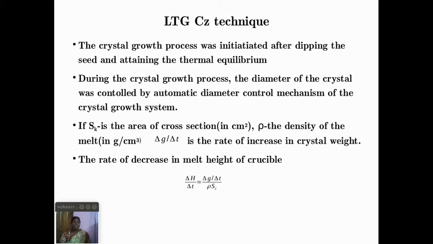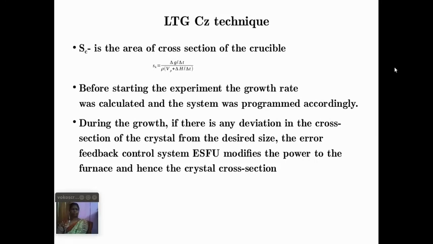Then the rate of decrease in the melt height of the crucible is given by the expression delta H by delta T is equal to delta G by delta T divided by rho into Sc. Sc is the area of cross section of the crucible.